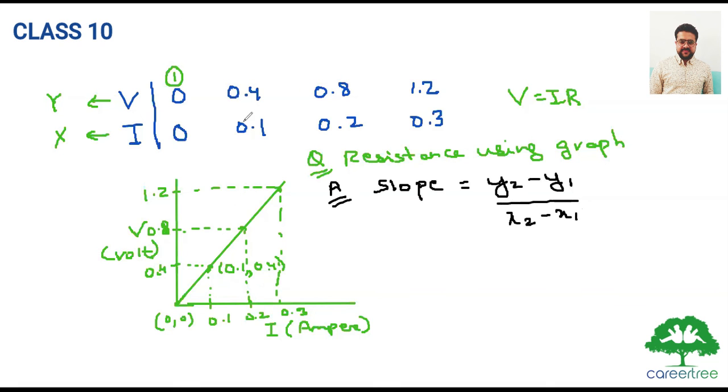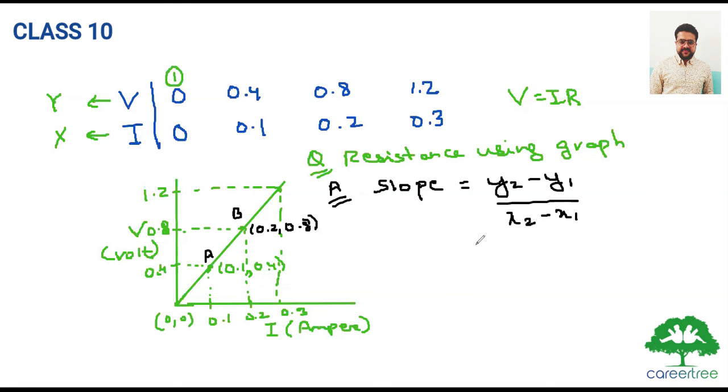From this graph, I have four x and four y coordinates. I can take any two of these coordinates and try to find the slope. Since this is a linear line, taking any two coordinates would give the same answer. For example, I pick up point A, which is 0.1, 0.4, and point B, where the x coordinate is 0.2 and the y coordinate is 0.8.